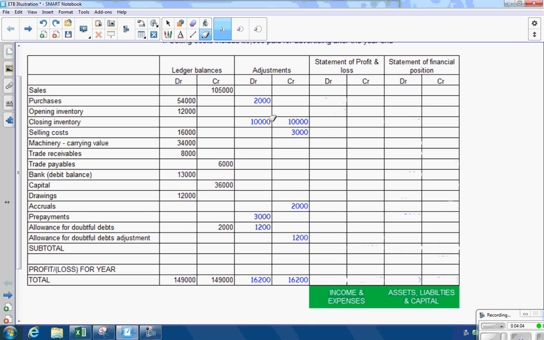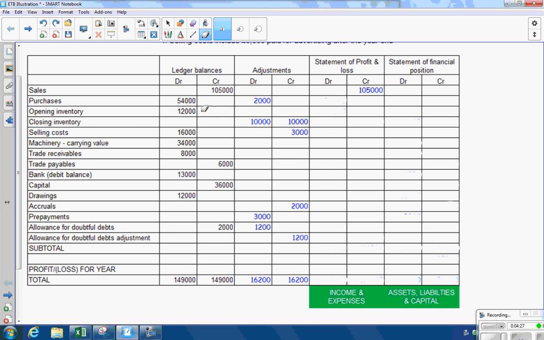Sales, obviously, is a statement of profit and loss account because it represents income. So that 105,000 is going to go in as a credit balance in my statement of profit and loss. Then purchases. Well, purchases is a statement of profit and loss account as well.